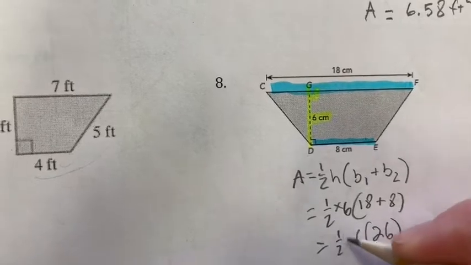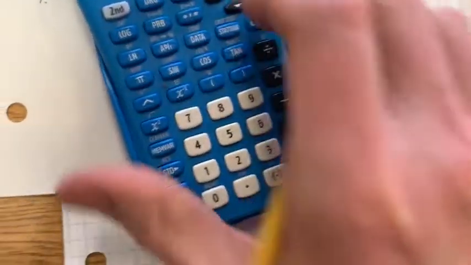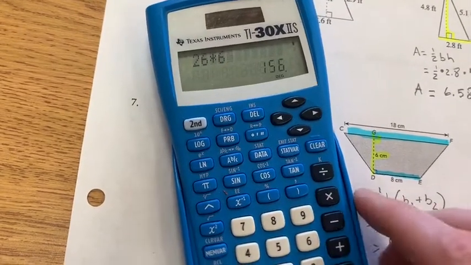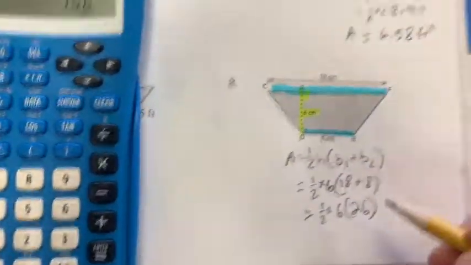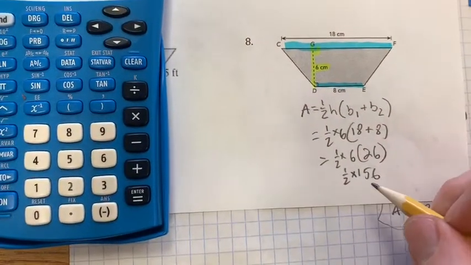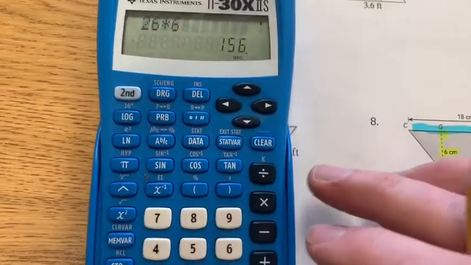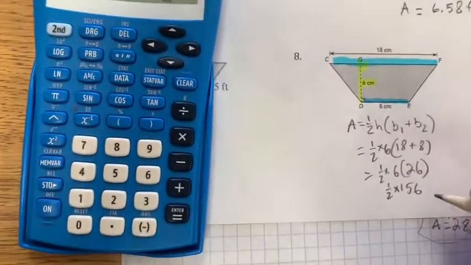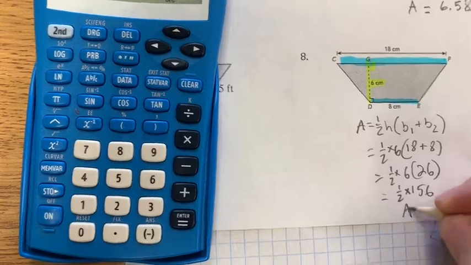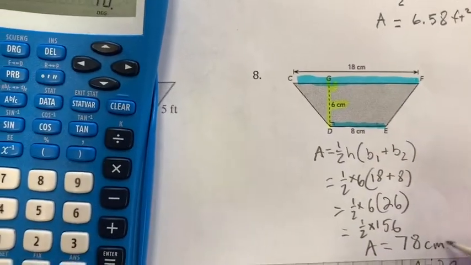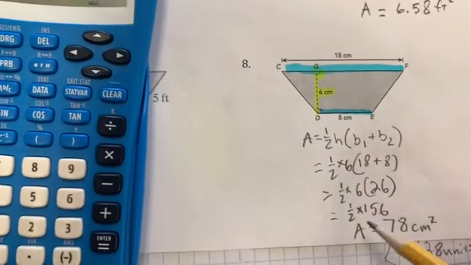I can multiply 26 times 6, which is 156. And then again, because I have a trapezoid, I have to do half of that, which is 78. So the area is 78, these are centimeters squared, okay?